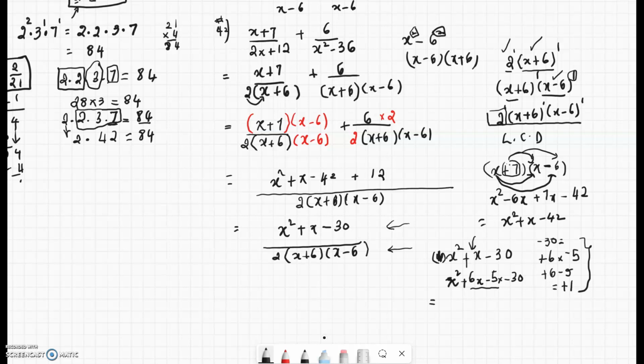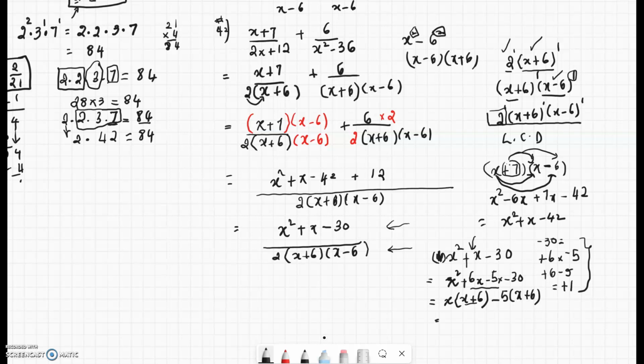And this is equal to, take the first two terms, take out all common factors, it's x here. X times x is x squared plus 6. 6 times x is 6x. Factor out the minus 5. Not just the 5, but the negative 5, because you want it to be exactly x plus 6 here.